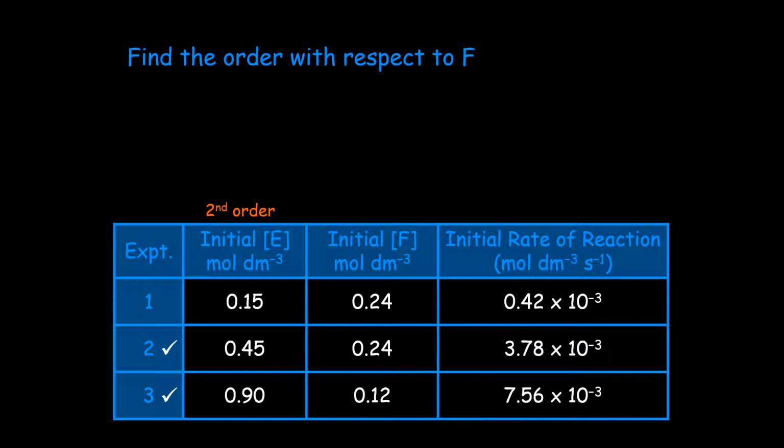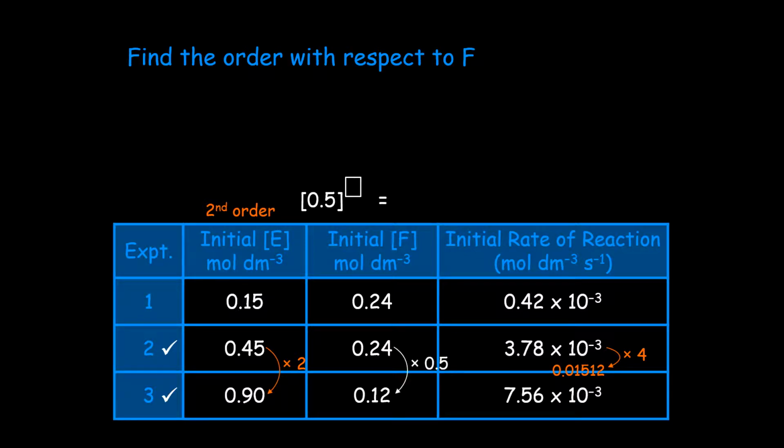Now we're going to look at experiments 2 and 3. We're doubling the concentration of E. Now as it's second order, that's going to make the initial rate go up by 4 times, making it 0.01512.